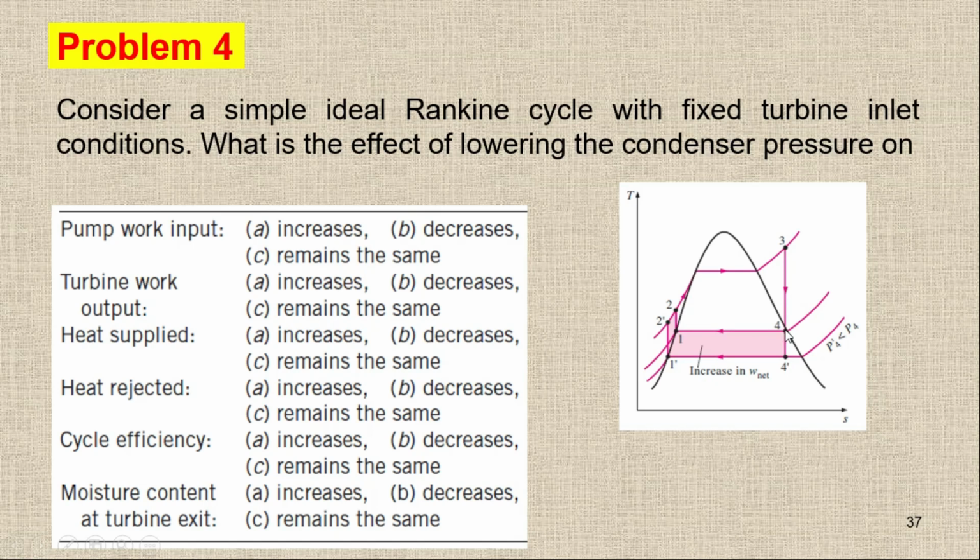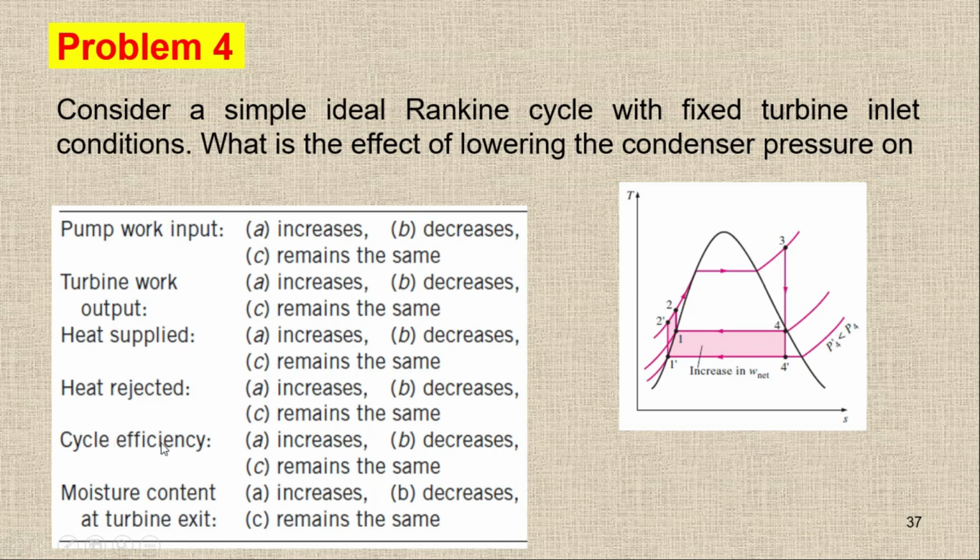So H4 and H4 dash have different values. H4 is a higher value, and the enthalpy at 4 dash is lower. So here you will get H4 dash, which is lower than H4. Again, H1 dash is a lower value. So the heat rejected decreases.